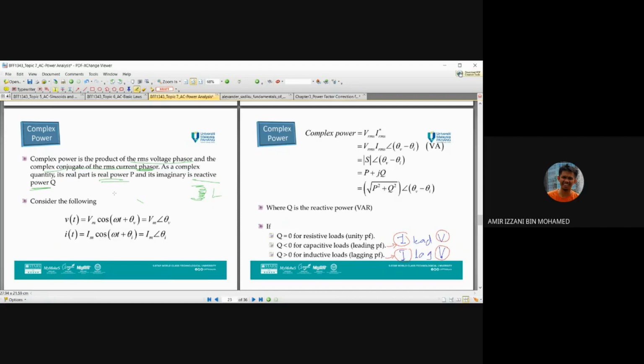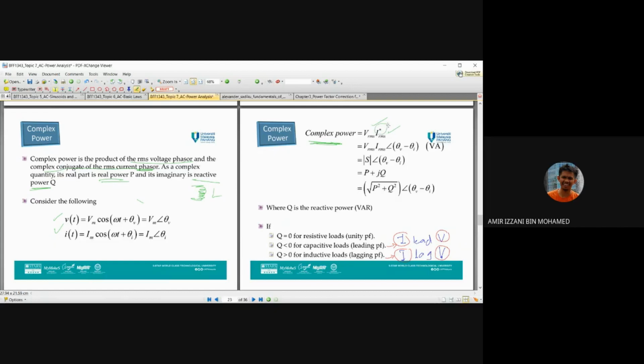Okay, so let's consider the following equation, V and I. Power equation is always V times I. So here to find the complex power, it is V times I conjugate.